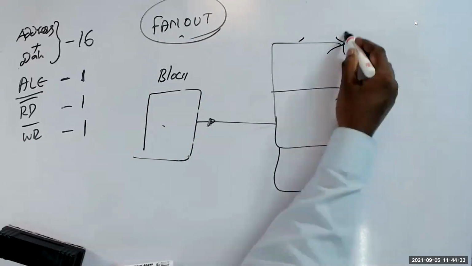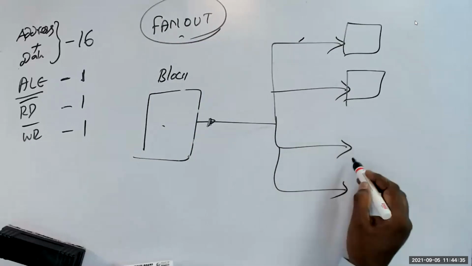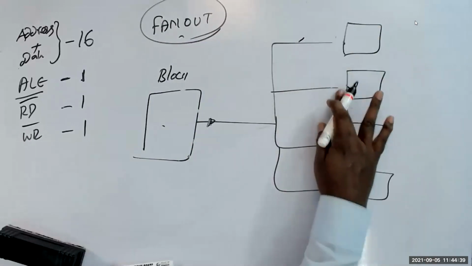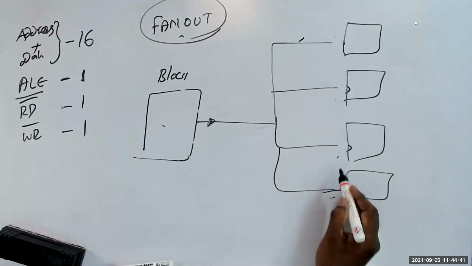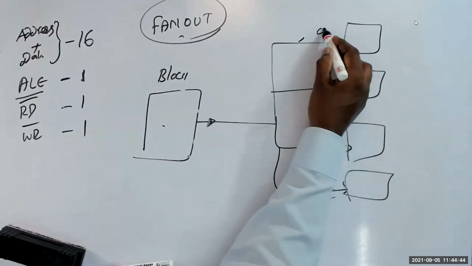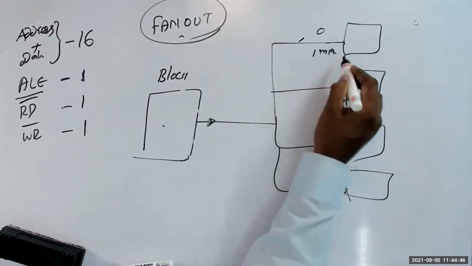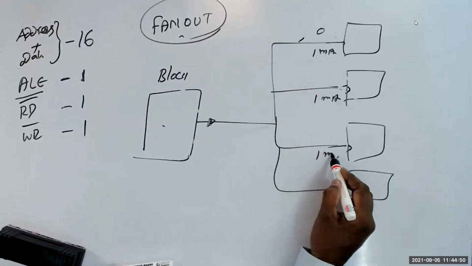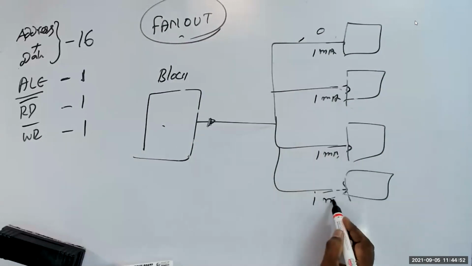Let us assume that all these gates are going to take 1 milliampere when you make the input 0.